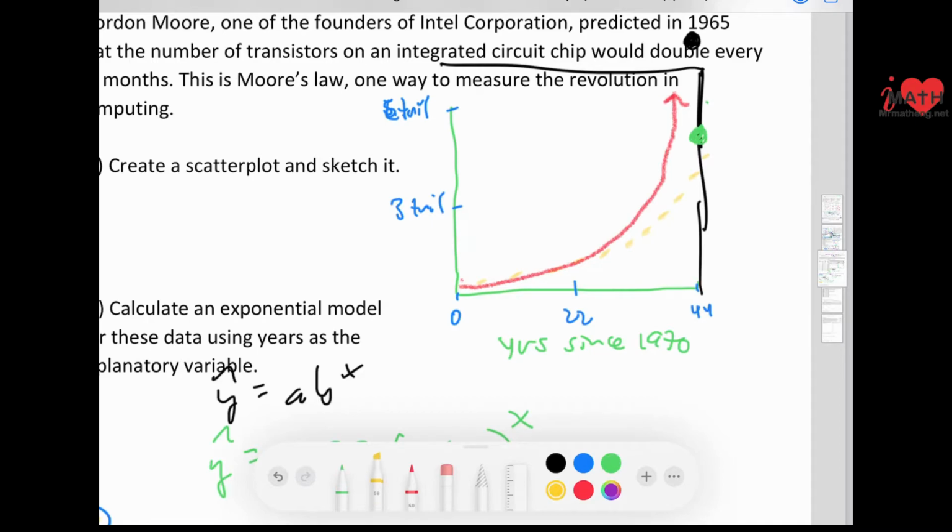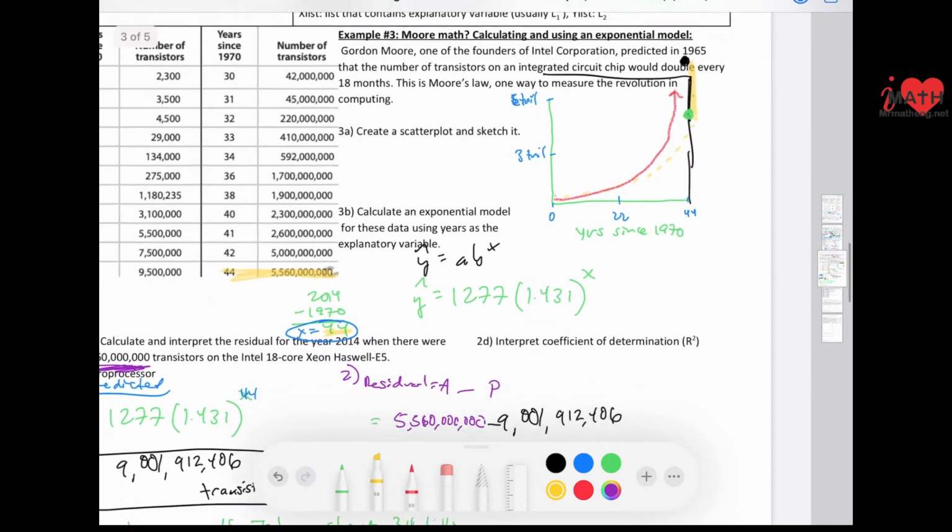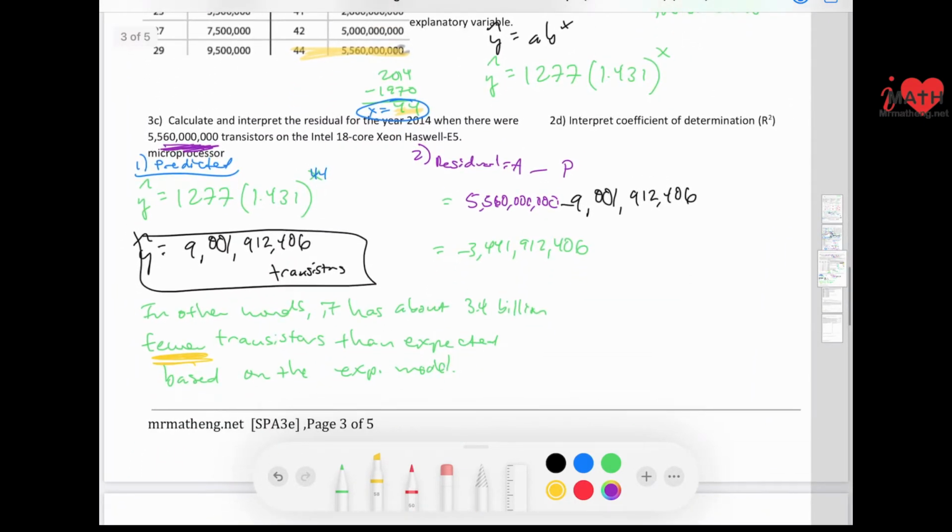So the difference, this is the negative 3.4 billion. What does that basically mean? Moore's math kind of overestimated. Let's write that, overestimated. What we were going to predict, right?